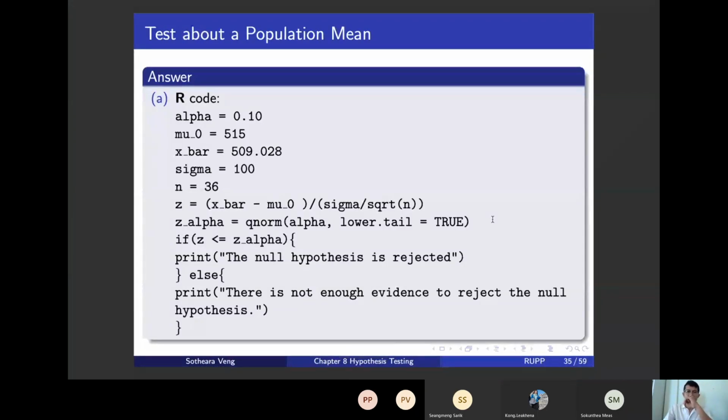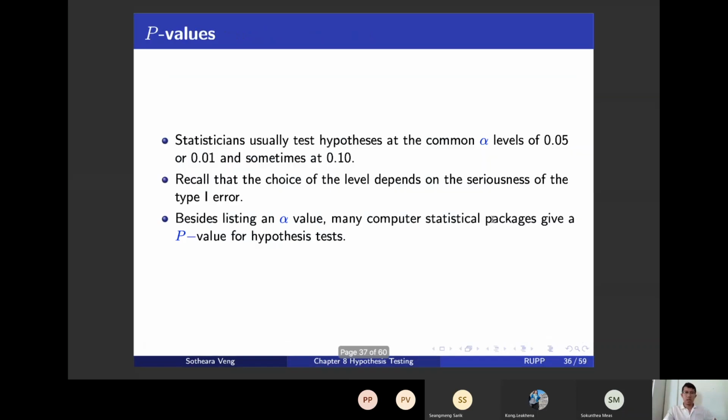This is the last part that we deal with from the first section. So far you see that once you carry out a hypothesis testing, you have to decide on the significance level, right? The alpha. It could be 0.05, 0.01, or sometimes just 0.1.